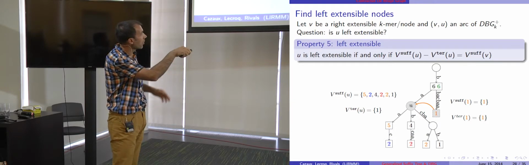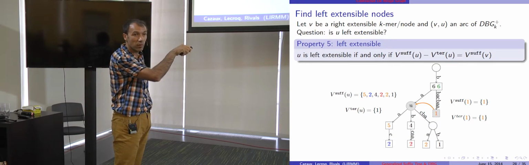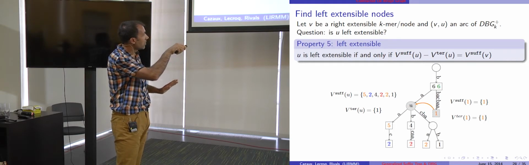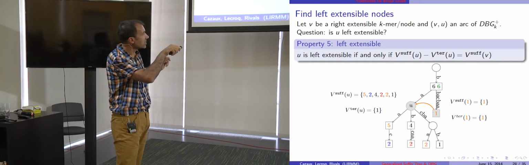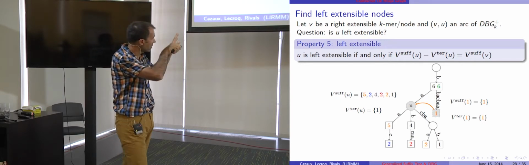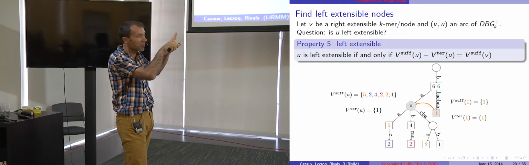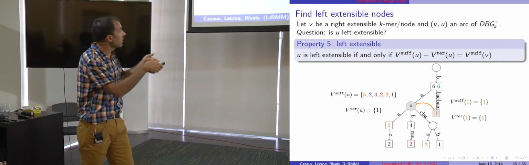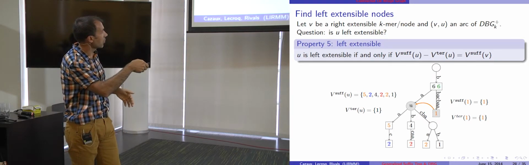If they all come from the initial node you are starting from, it's okay. Then you're done because all extensions of U are extensions of this starting node. All extensions of U are coming from extensions of this starting node. And therefore, you have the equality, and therefore it's left extensible.